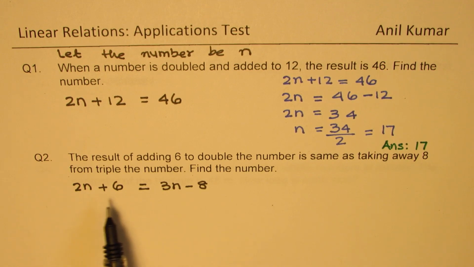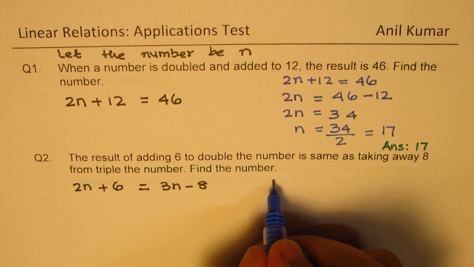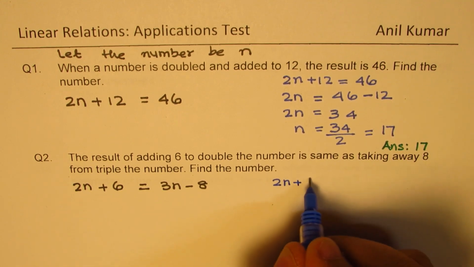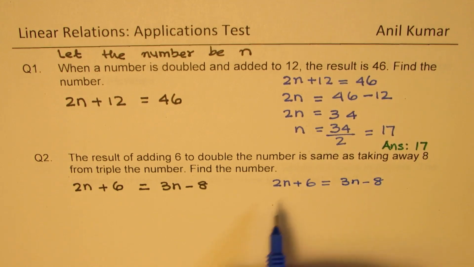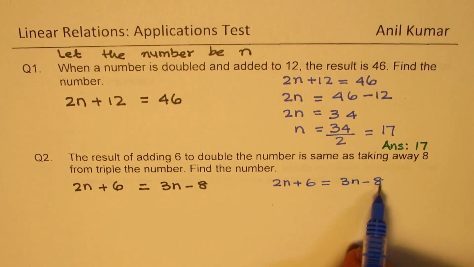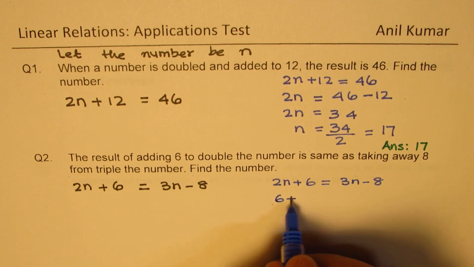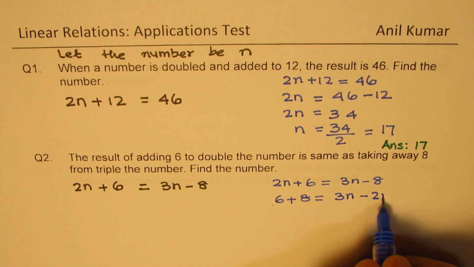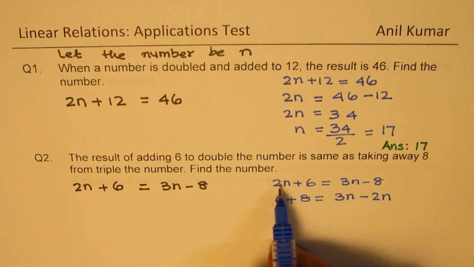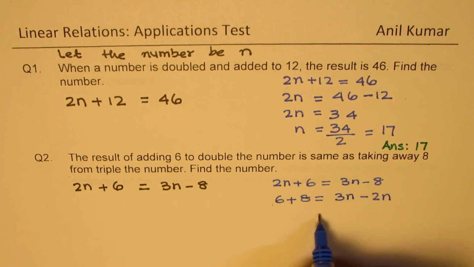Now let us see how to solve this equation. The equation we are going to solve is 2n plus 6 equals 3n minus 8. We can take this 2n to the right side, and 8 to this side. So we get 6 plus 8 equals 3n minus 2n. Since 3 was greater, I took 2 to this side, to avoid the negatives.